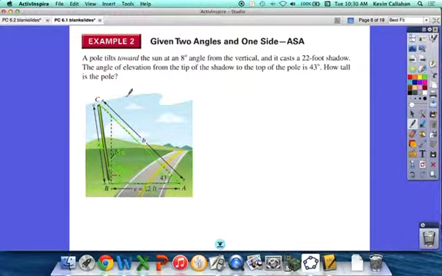So this angle is 180 minus 98 plus 43, which is 39 degrees. Is that right? Okay. Because I'm subtracting 98 and 43, it's in parentheses.